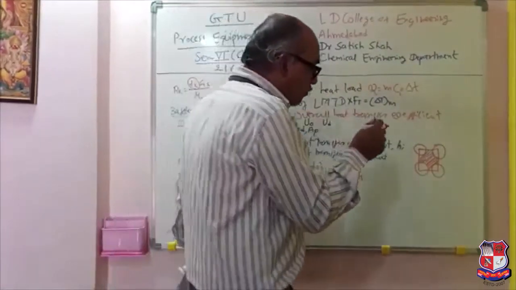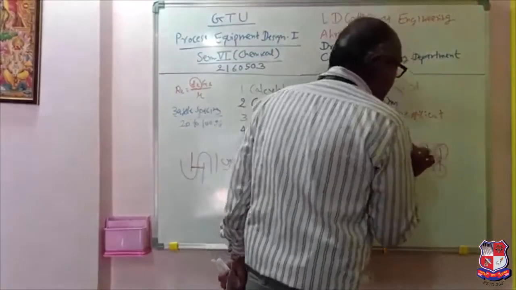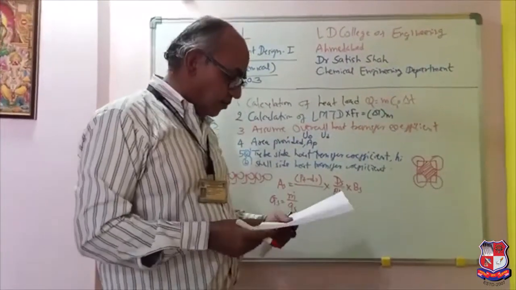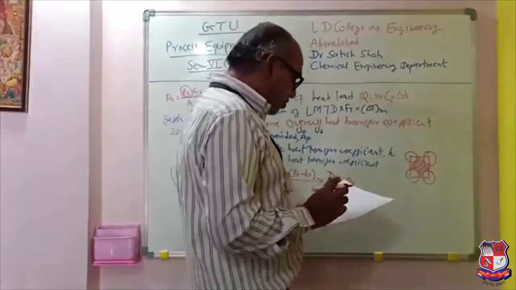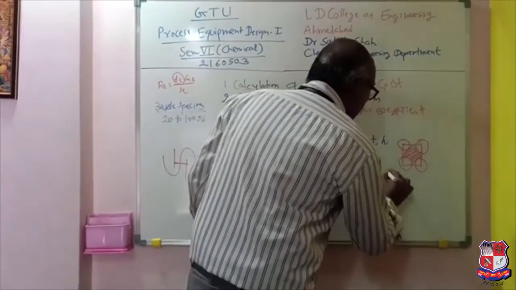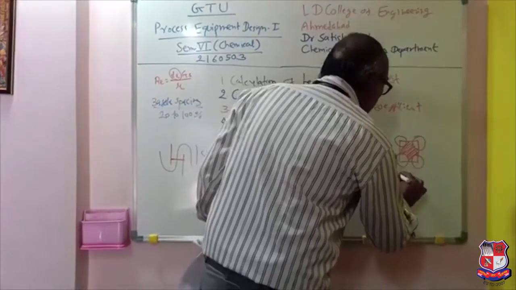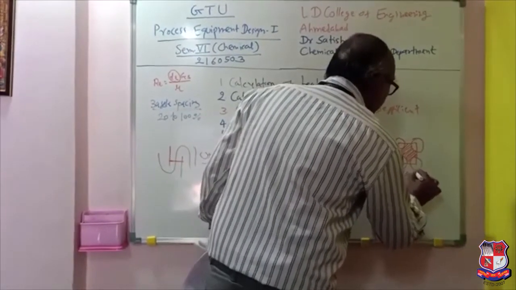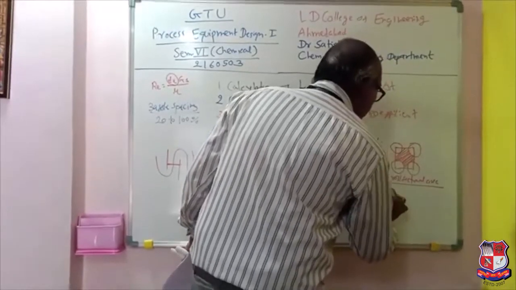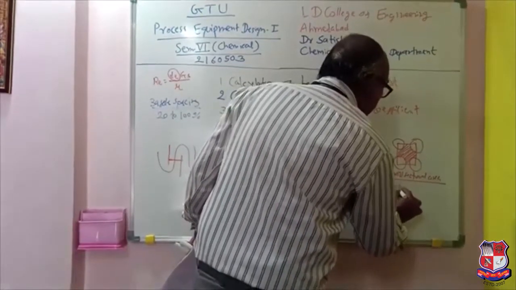Fluid is passing through this particular area which I have drawn with a shaded line. So for square pitch, you will calculate the equivalent diameter, which is equal to 4 into cross section area upon wetted perimeter.